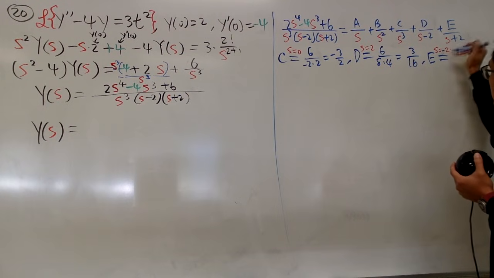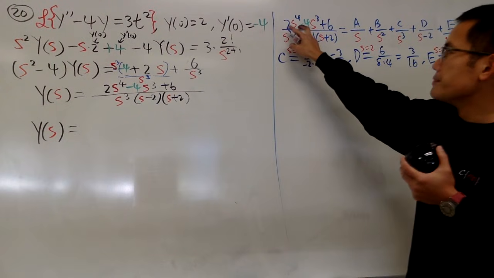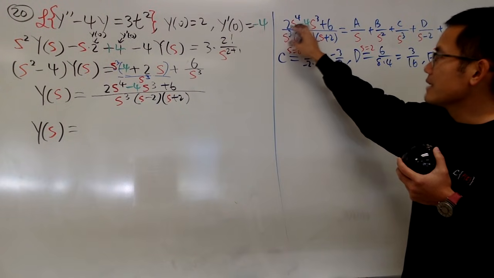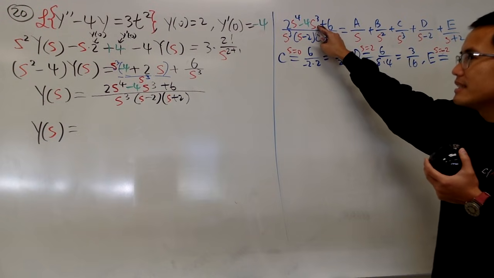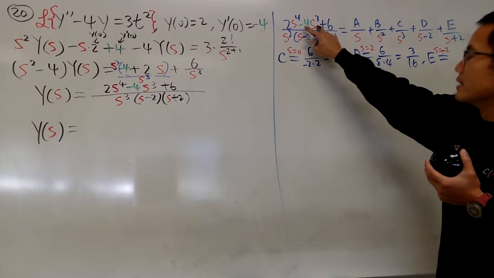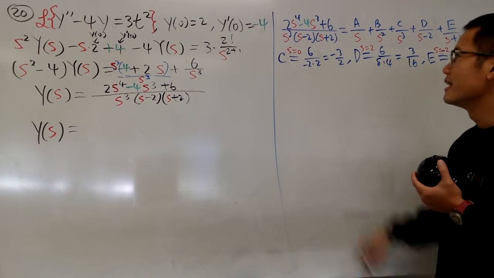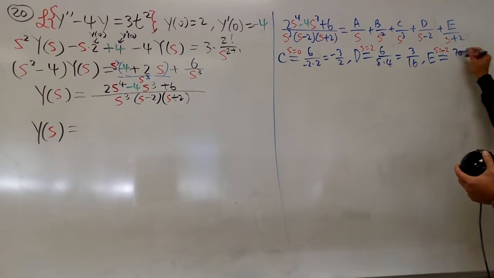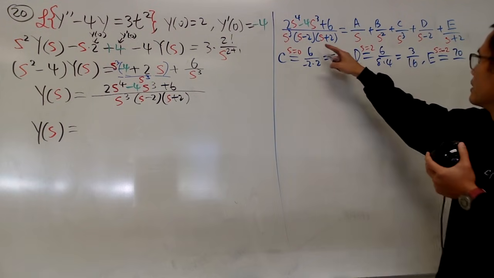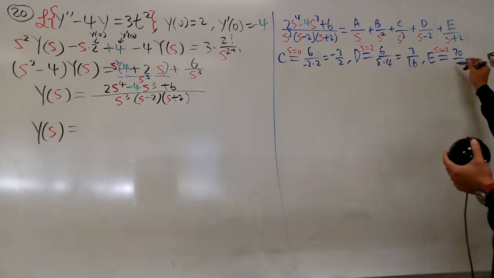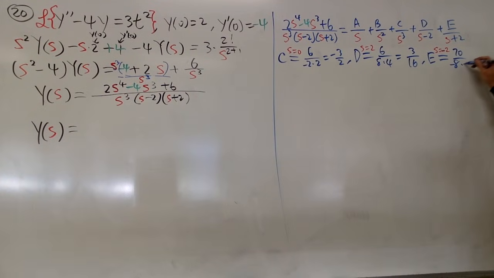When S is equal to negative 2, yeah? And you put it on the top. This is 16 times that is 32. And then negative 8, 32, so it's 64. And then plus that is 70 over, you put a negative 2 in, here is negative 8, times, you put that is negative 4.